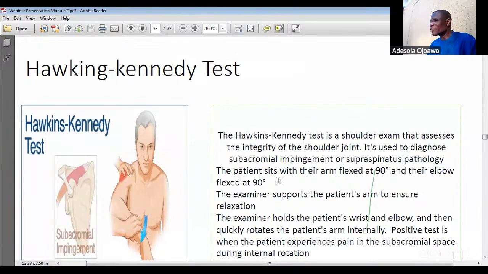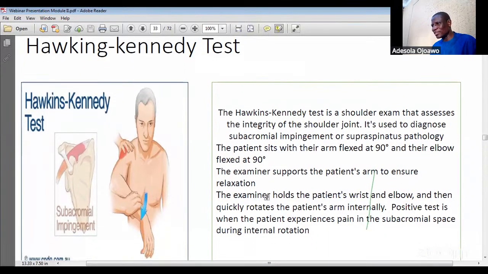The Hawkins-Kennedy test is a shoulder examination that assesses the integrity of the shoulder joint. It's used to diagnose subacromial impingement or supraspinatus pathology. Here, the patient sits with their arm flexed to 90 degrees and their elbow flexed to 90 degrees as well. The examiner supports the patient's arm to ensure relaxation. So the patient just sits down comfortably.